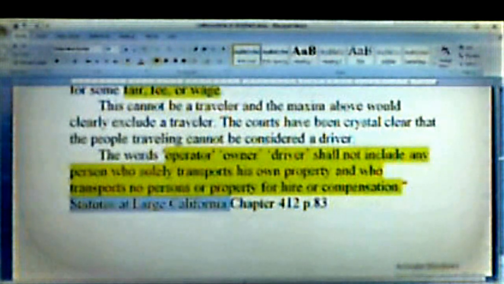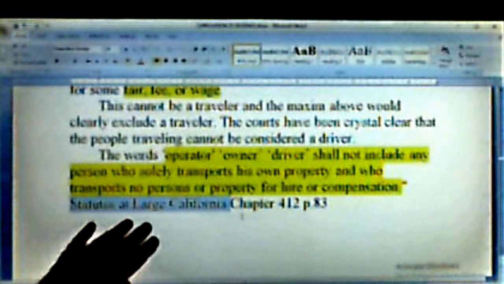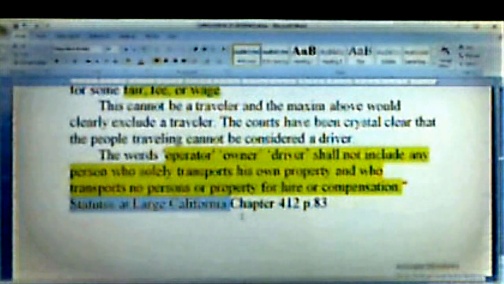Statutes at Large apply to every state. They have to give full faith and credit to it. Okay? Article 4 of the Constitution requires that each state gives full faith and credit to all other states' laws. But more importantly, Statutes at Large are laws that have been set into cement. They don't get to change it.